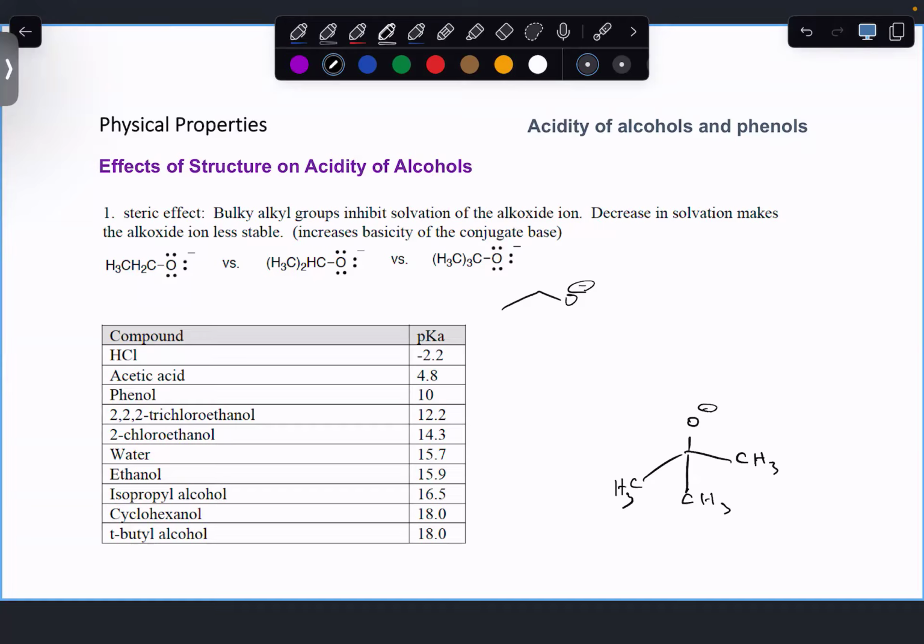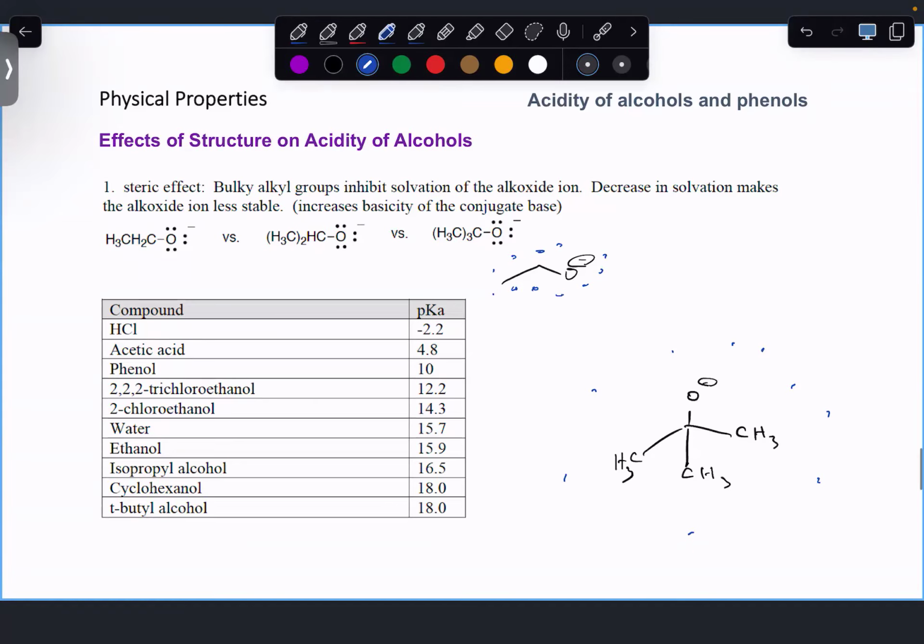So your water or whatever your solvent is is going to come around and try to surround or solvate the ion. And if you have something super giant and bulky, that is very difficult to do. The solvation is not as efficient. The solvent molecules can't get as close to the ion if it's super sterically hindered.